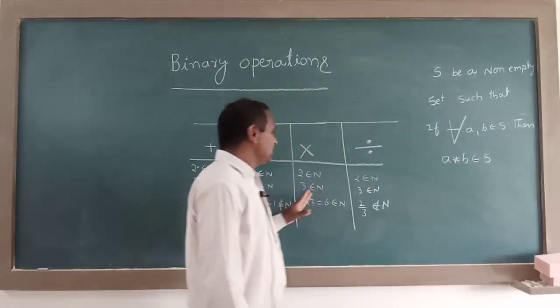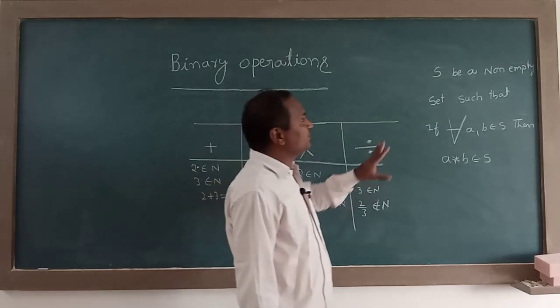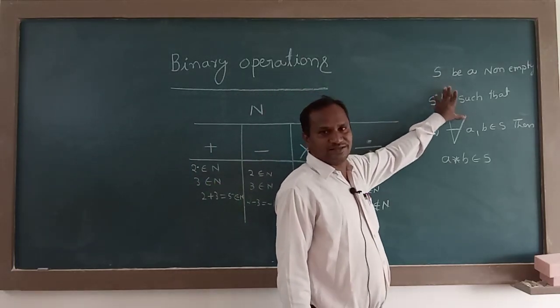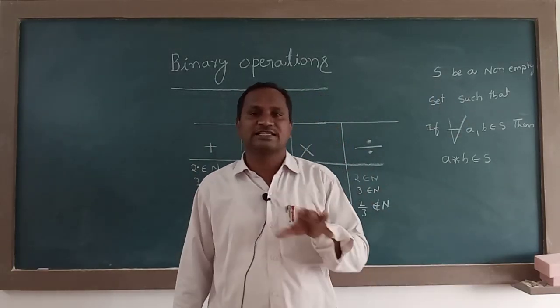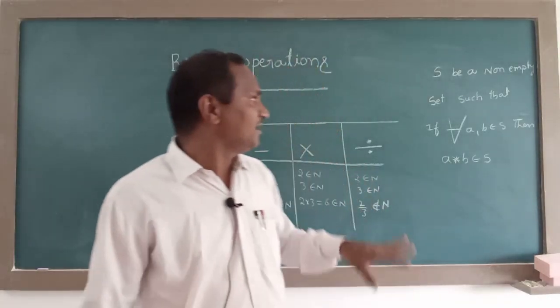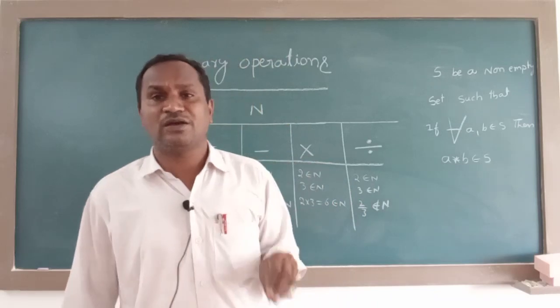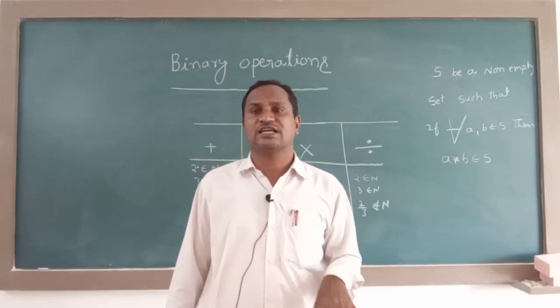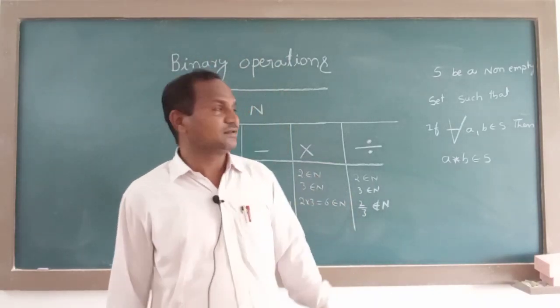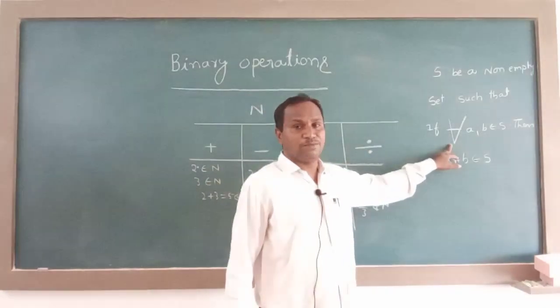So with the help of this table, the definition of binary operation is like this. Let capital S be a non-empty set, such that for all A comma B belongs to capital S, A star B belongs to capital S. 'For all' is very important.